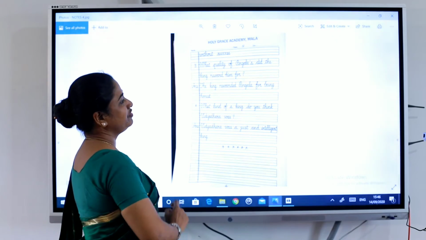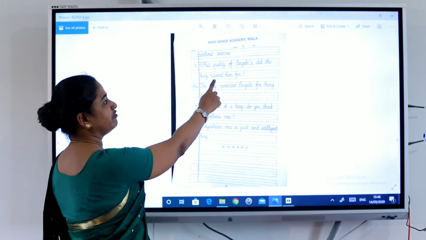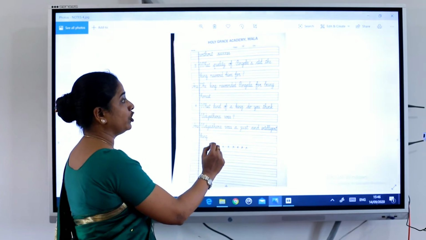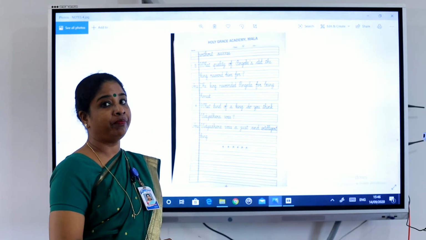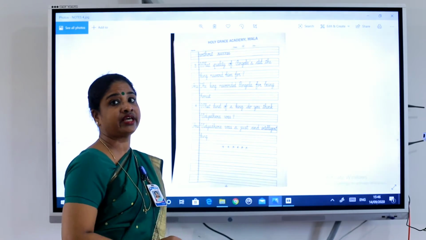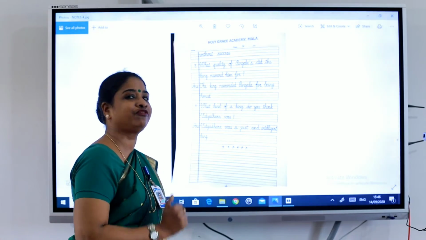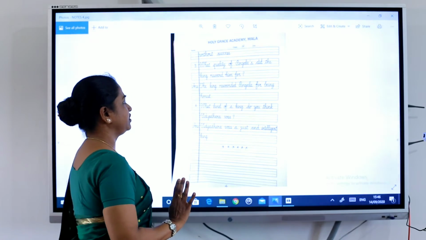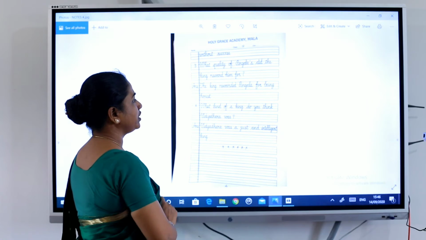The king rewarded. Can you see? I have written the past tense of reward here. The king rewarded Pingala for being honest. If you like, you could even add some more words there, honest and truthful. Anyway, you can write only honest. That's enough. Now, let's look at the fourth one.